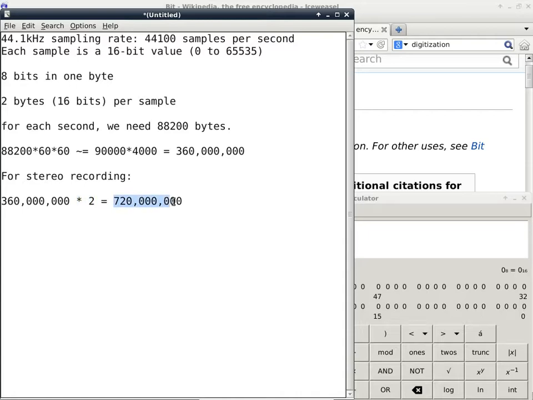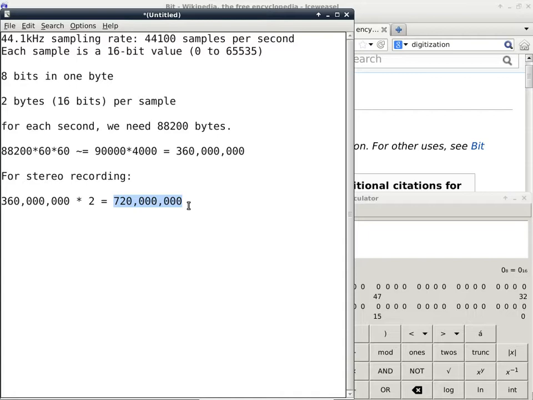This number, does it look suspiciously familiar to some of you who have bought CD-Rs and CD-rewritables and stuff like that? Yes? That's exactly why, because those optical discs are designed to store 1 hour and sometimes a little bit more than an hour of audio using 16 bits per sample, stereo, and a 44.1 kilohertz sampling rate.